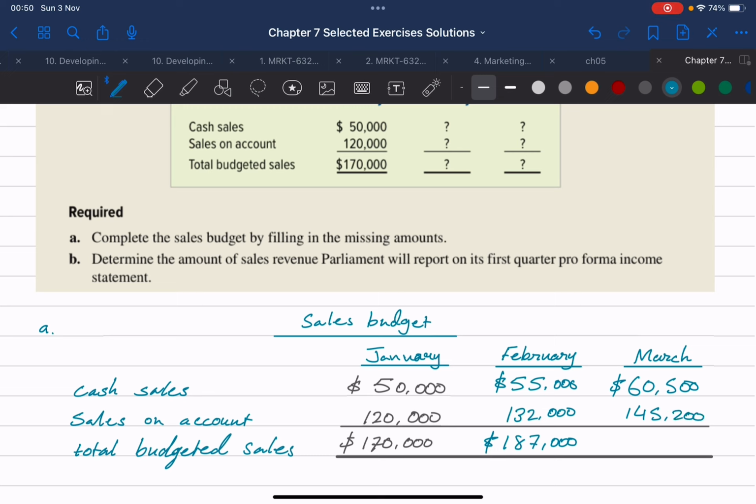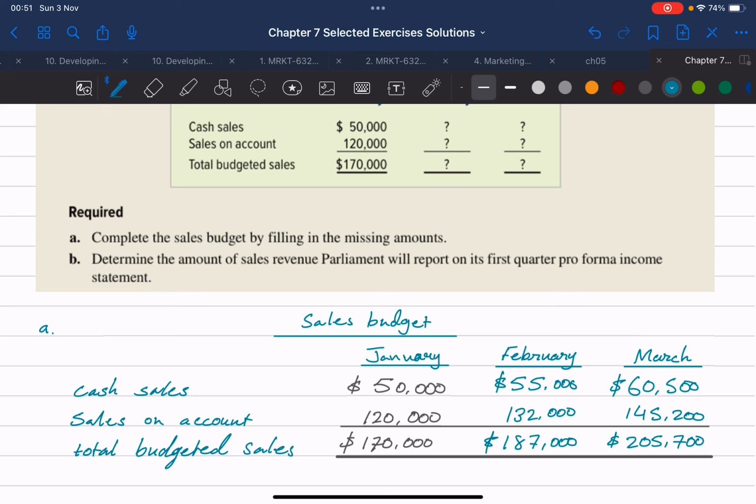Add the cash sales to the sales on account, so plus 60,500 equals 205,700. And that would be the answer to part A.